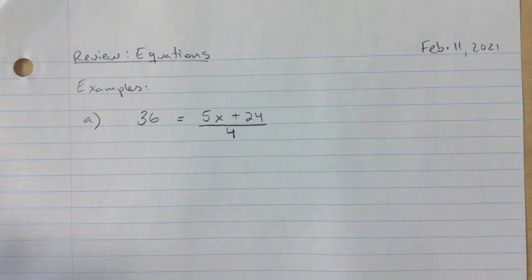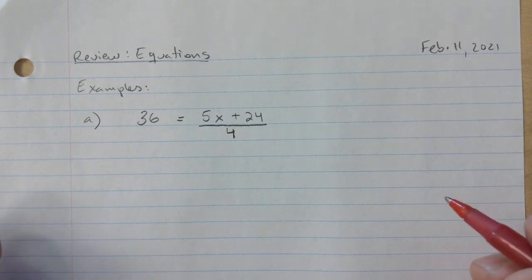So 36 is equal to 5x plus 24 over 4. So an equation like this, and you will see those in that worksheet that I gave you. Okay.